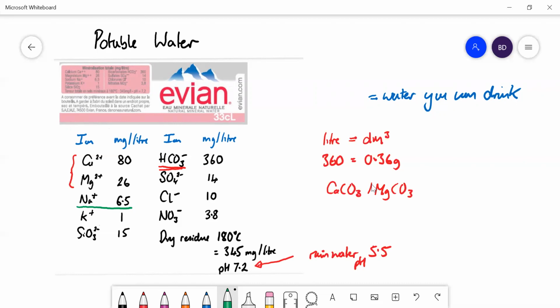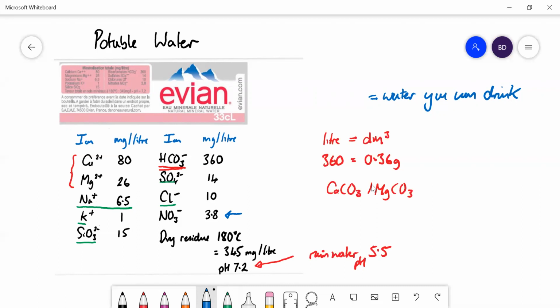Potassium, small amounts of potassium in there. A little bit of silicate ions, they don't really do much, and sulfate and chloride ions, they're pretty innocuous. Here we've got nitrate ions. Now that is a problem. That level of nitrate is obviously okay, but you can't drink water if there's too much nitrate in it.